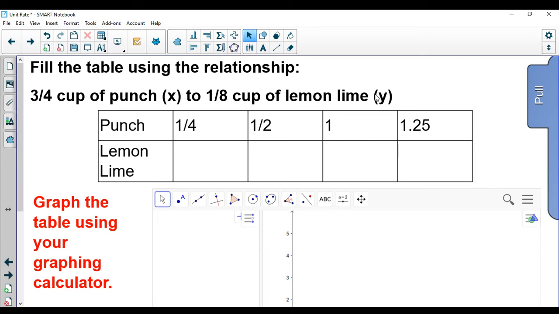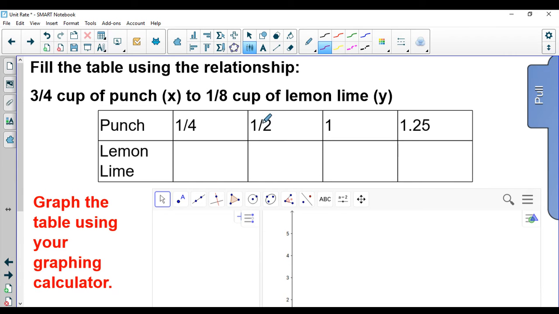So the first thing I want to do to make this a little easier on me is I'm going to make all of these have a common denominator. So 1/4 looks like it is going to be my smallest. So I'm going to change everything to fourths.